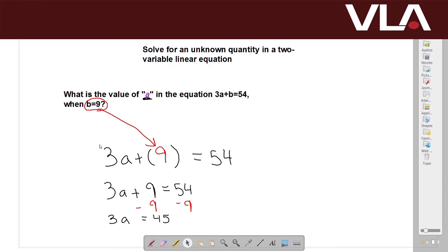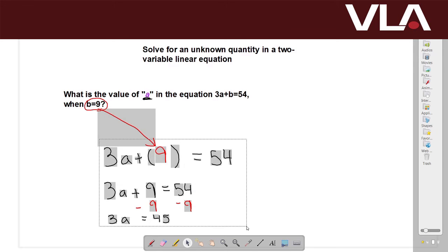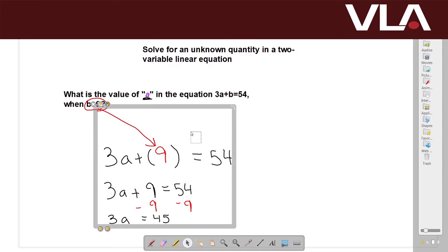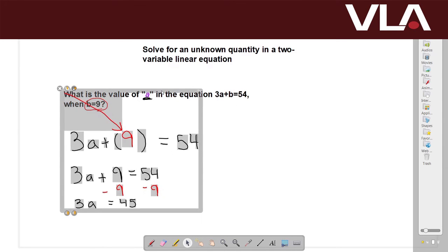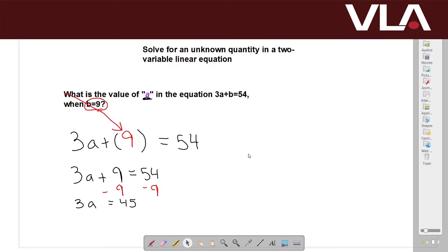Let's go ahead and move this up to give us some more room to work. And now my final step, like I mentioned, we're solving just for the variable a.